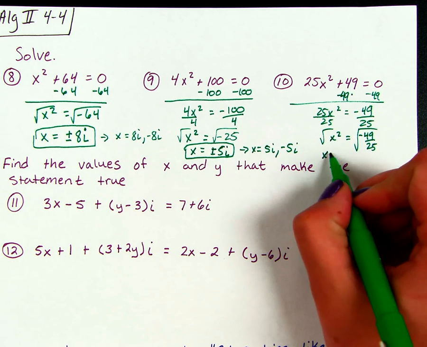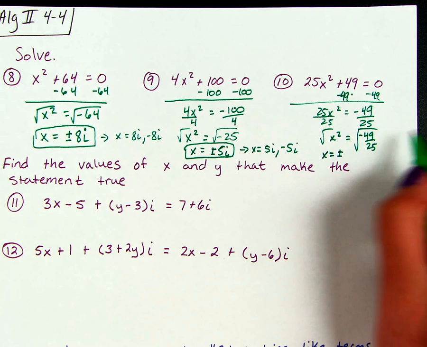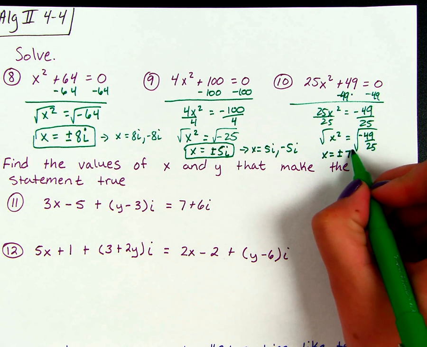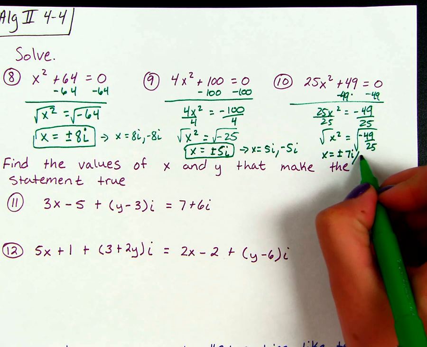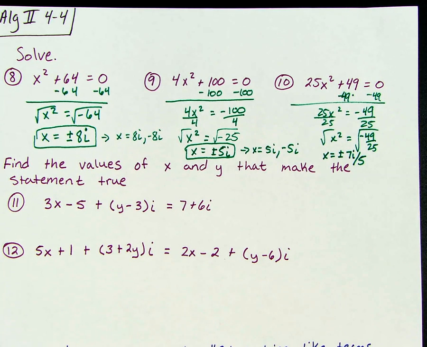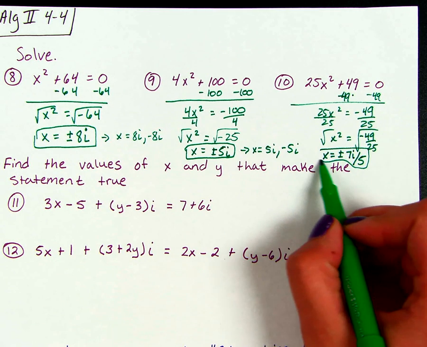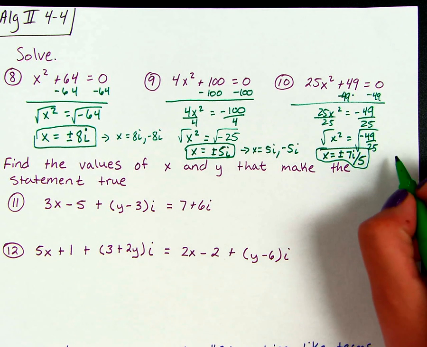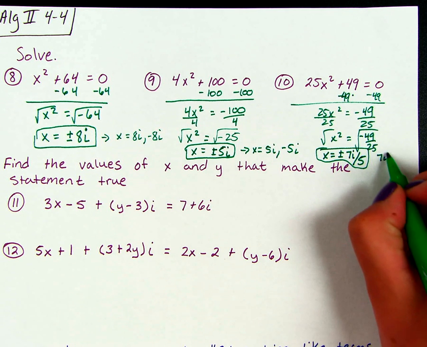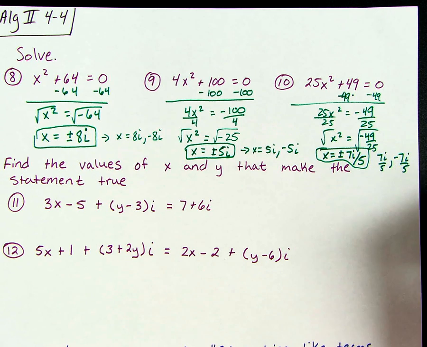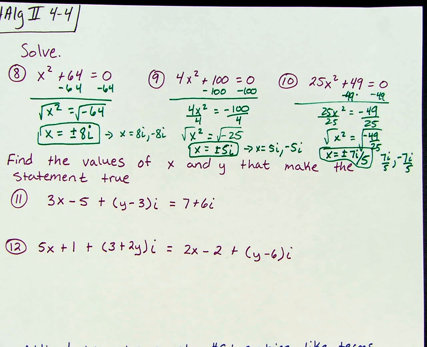So we would have x equals plus and minus. So the square root of 49 is 7, and then the negative is the i, and then the square root of 25 is 5. So we're just going to have a fraction as our answer. And again, this means the same thing as saying positive 7i over 5 and negative 7i over 5. So you can choose to write it however you want.